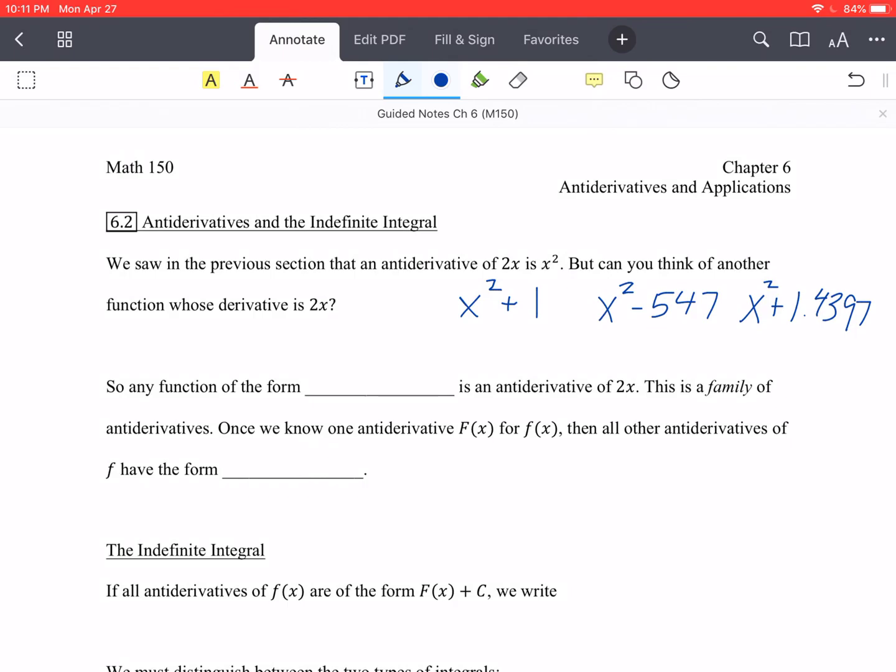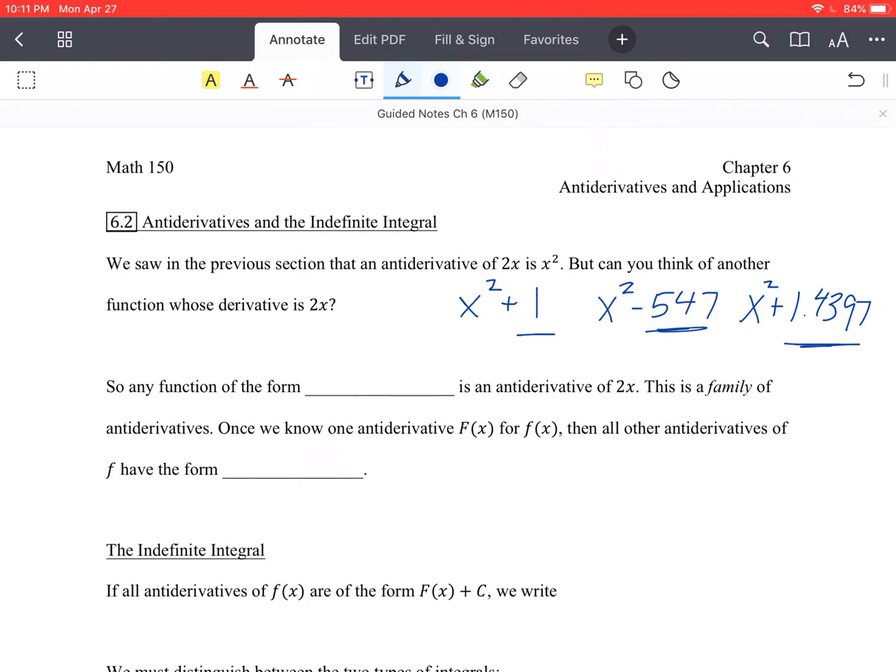So what we're getting at is that if I'm adding a constant term, whether that's 1, negative 547, 1.4397, whatever it is, it doesn't matter. It's not going to be impacted by taking the derivative, because it turns into a 0 regardless of what it is.